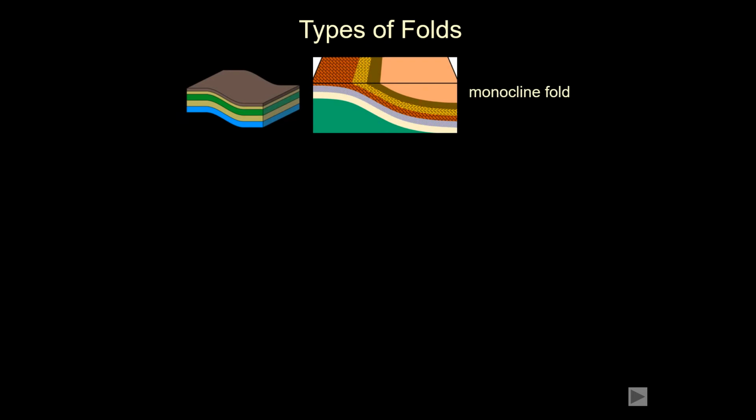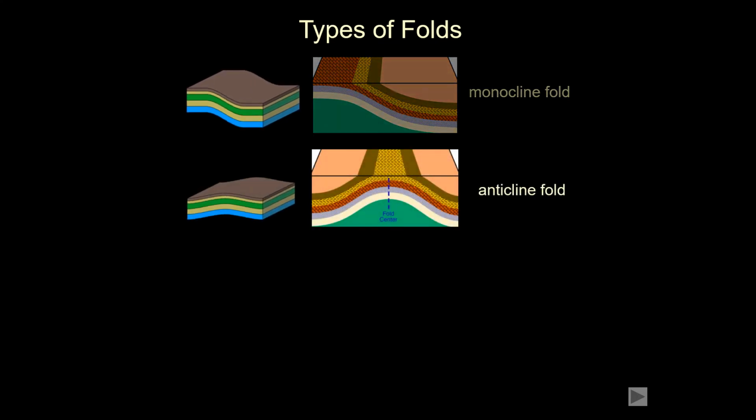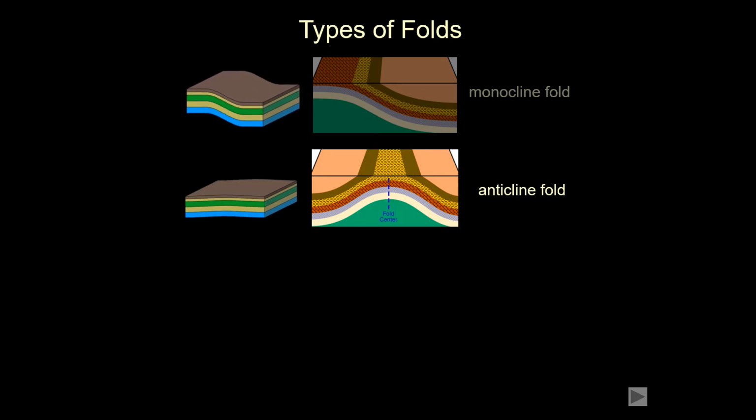Some types of fold: monocline fold means that in sedimentary rock you will see the monocline going down in one direction. That kind of fold happens because of pressure. And then you have anticline fold. Anticline fold means that when compressional stress is acting from two sides on a rock or a landform, it is coming upward.